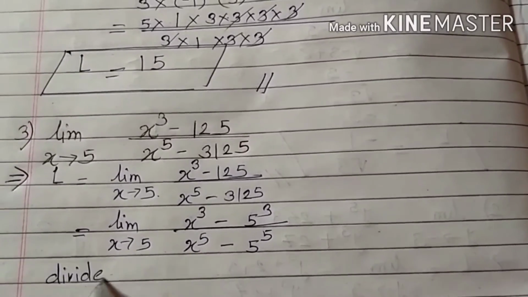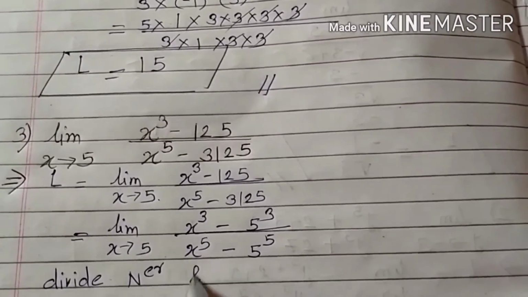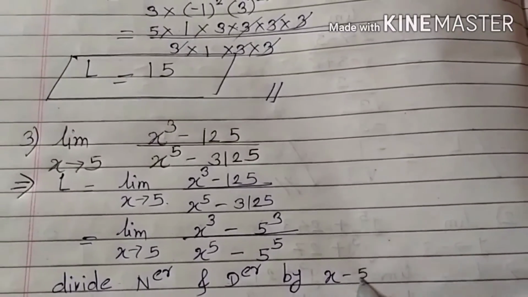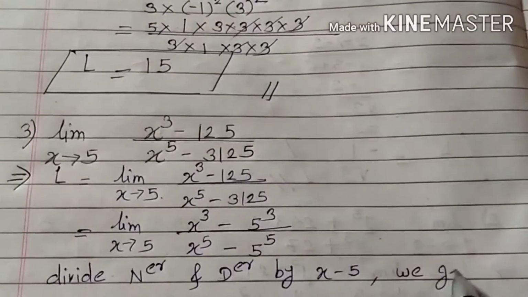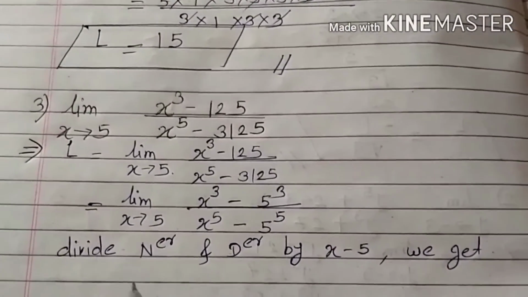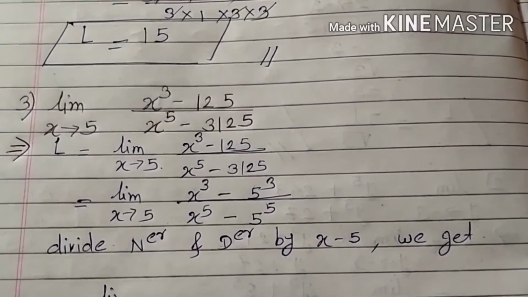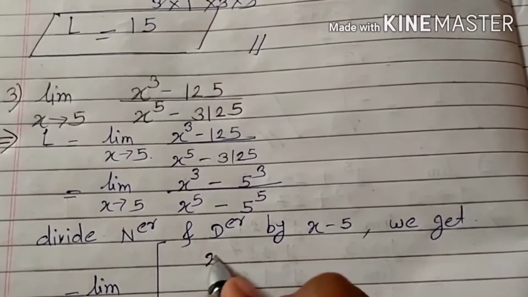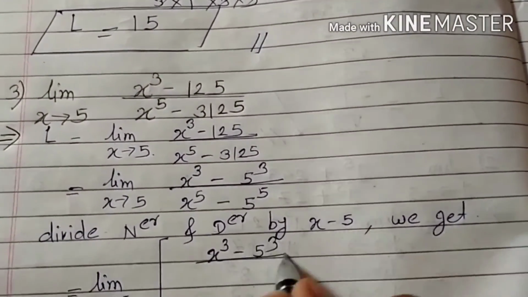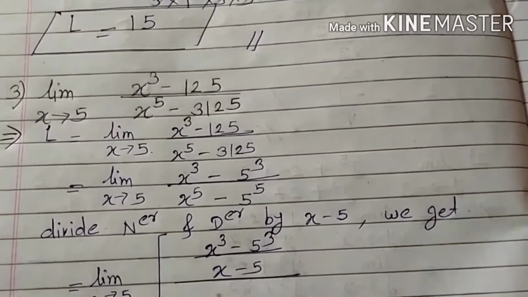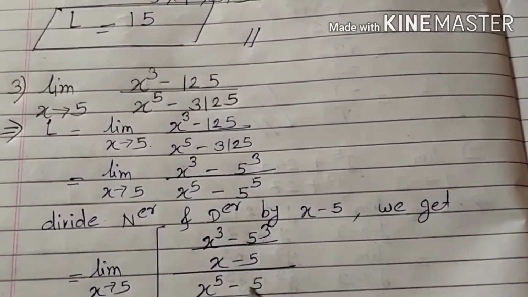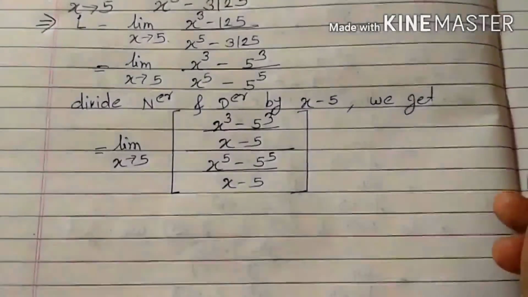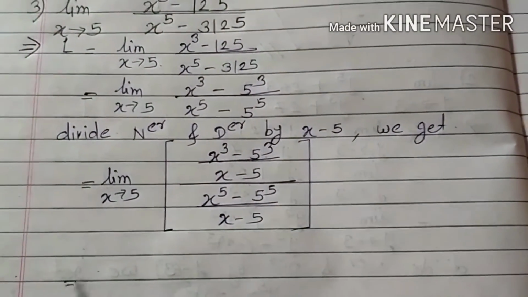Dividing, we get limit x tends to 5, x cube minus 5 cube upon x minus 5, upon x raised to 5 minus 5 raised to 5 upon x minus 5. Then separate the limits. So it is like that.